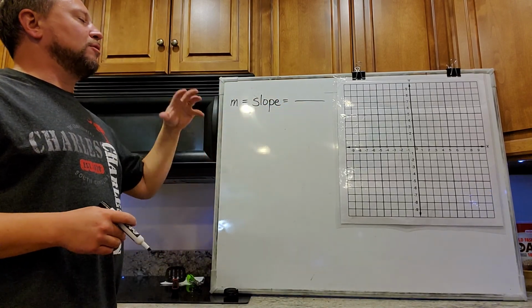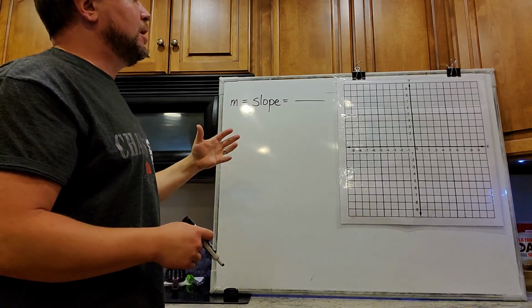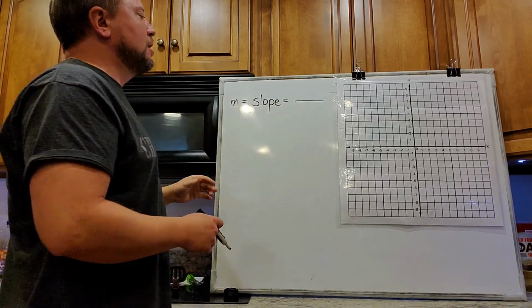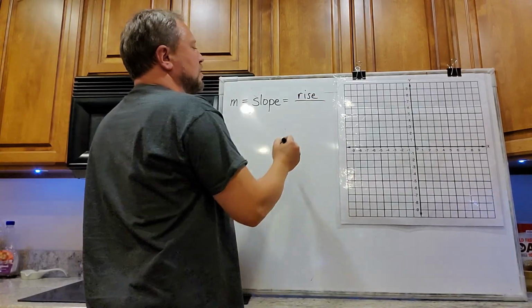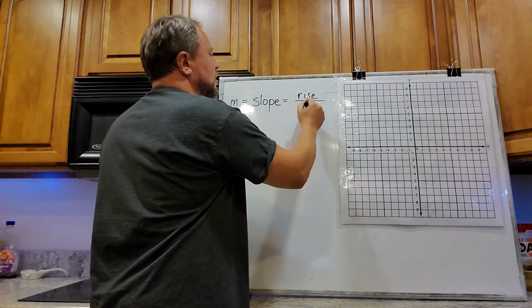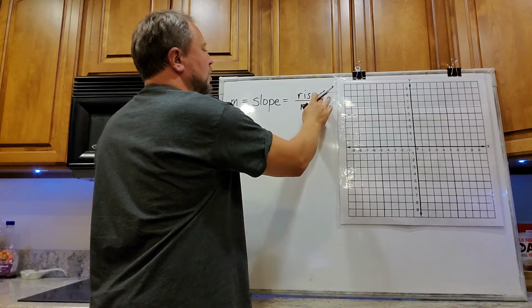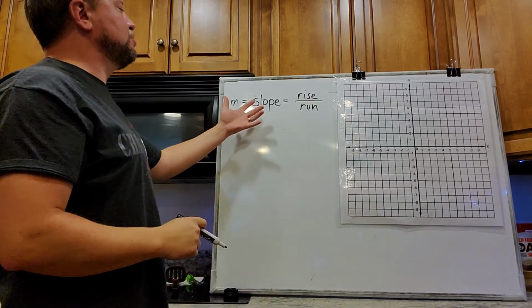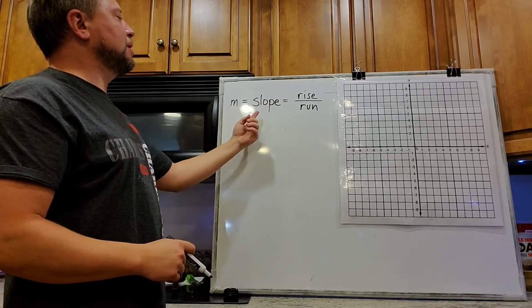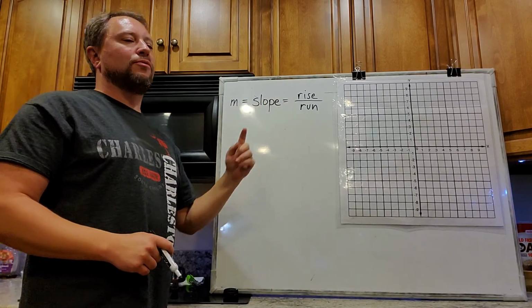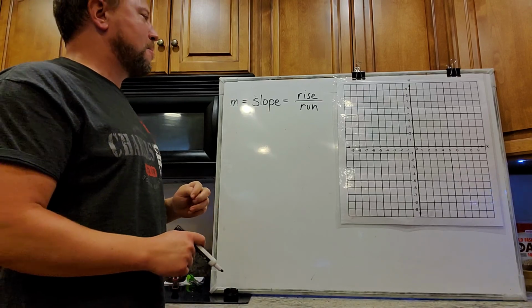And those values are determined by the slope of the line. So we say that it is the rise over the run. Rise over run. Most people can tell me these two things about slope: that M is the letter used to represent it, and rise over run is how we find it.